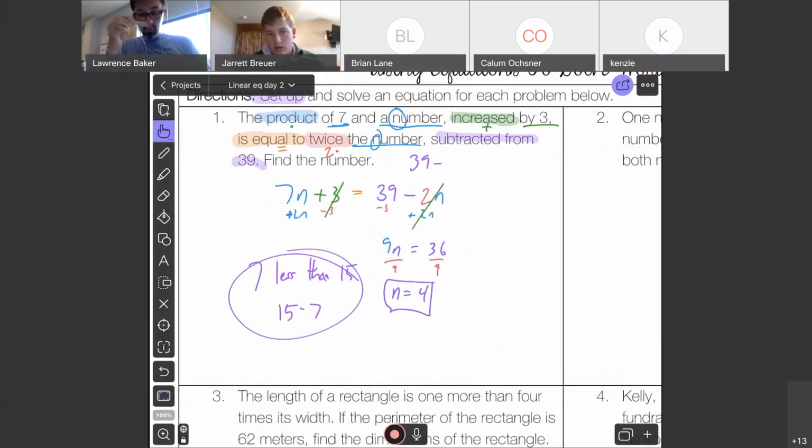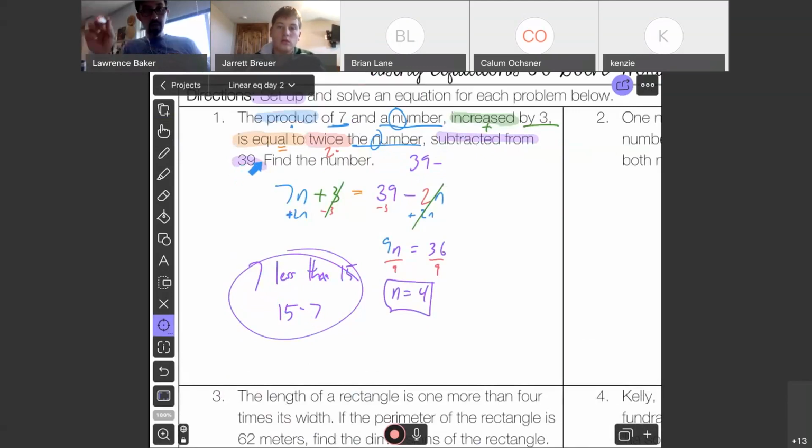I was just making a point that when it says subtracted from 39, we have to make sure we write that as 39 minus, not minus 39. When we say 7 less than 15, what that means is 15 minus 7. The way we talk and the way the math works are backwards, right? We said subtracted from 39.